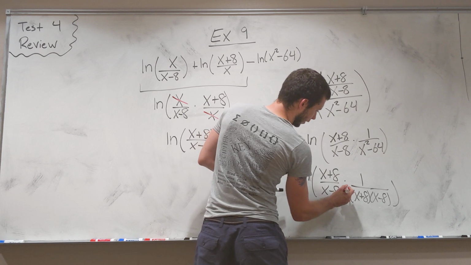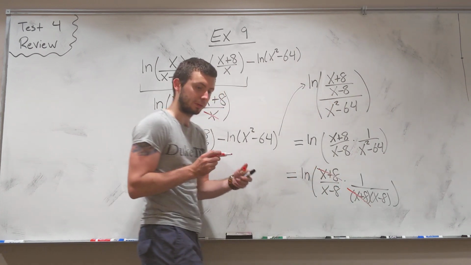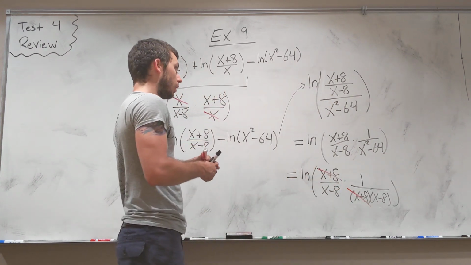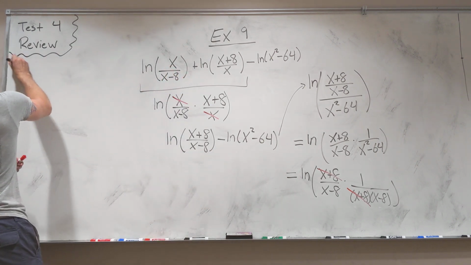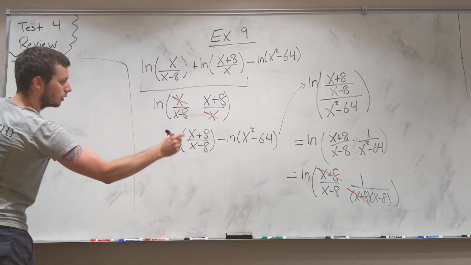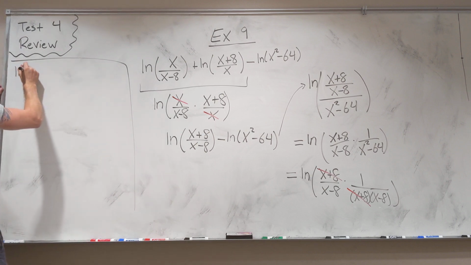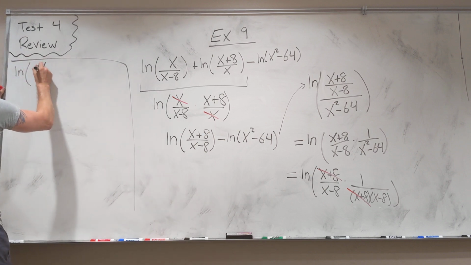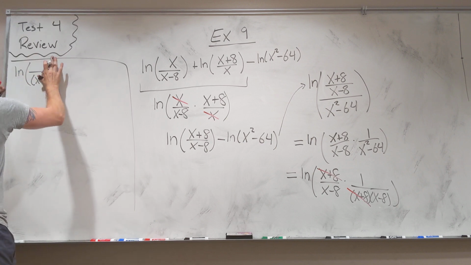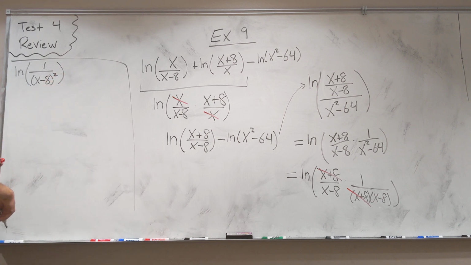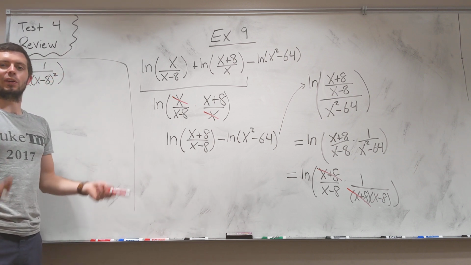You'll notice that there's another place to cancel, the x plus 8's. And from here, we'll go ahead and put it up over here. What we end up having is now 1 divided by, really, x minus 8 quantity squared.